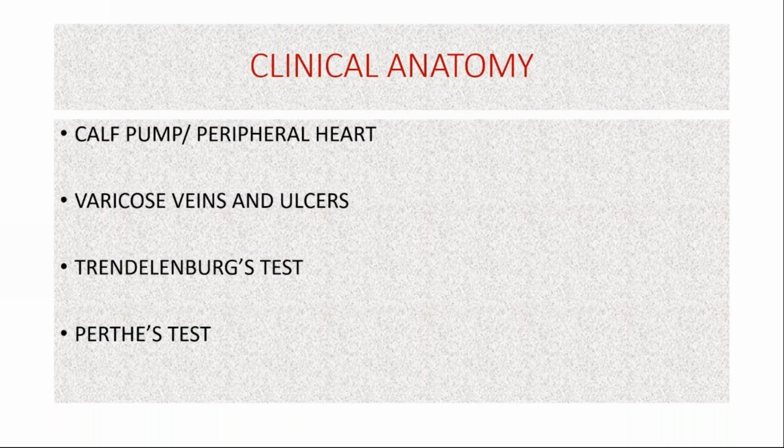Now, as far as the clinical anatomy of veins of the lower limb is concerned, the gastrocnemius is called the peripheral heart or calf pump because it pumps up the blood against gravity. Actually, there are perforators, indirect perforators, within these muscles.